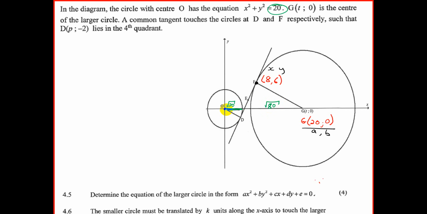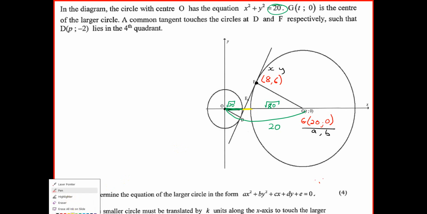And we know that the total distance from O to G is actually 20 units. So there's a small distance that you can see between the circles that it has to move, and to work out that distance so that it will touch the big circle.